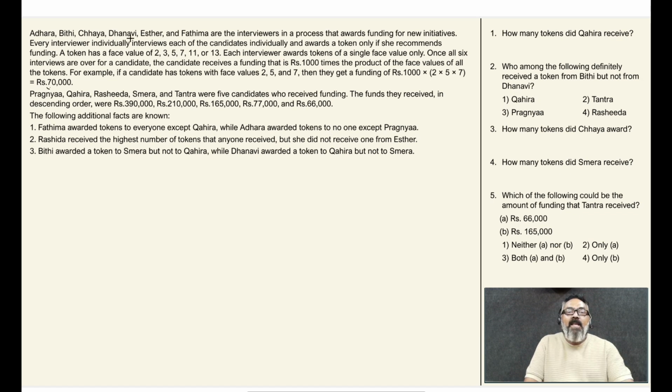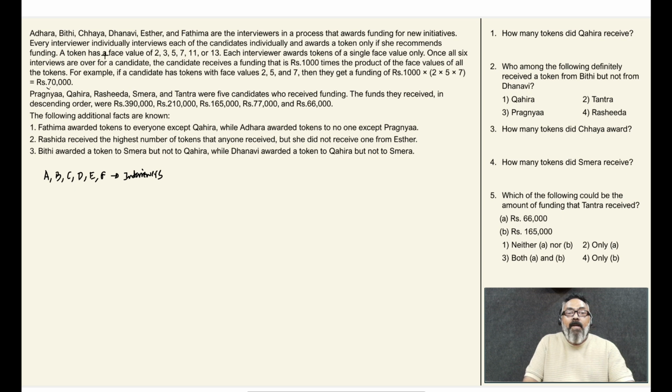A, B, C, D, E and F are interviewers in a process that awards funding for new initiatives. So we have got one set of pieces. These are our interviewers.